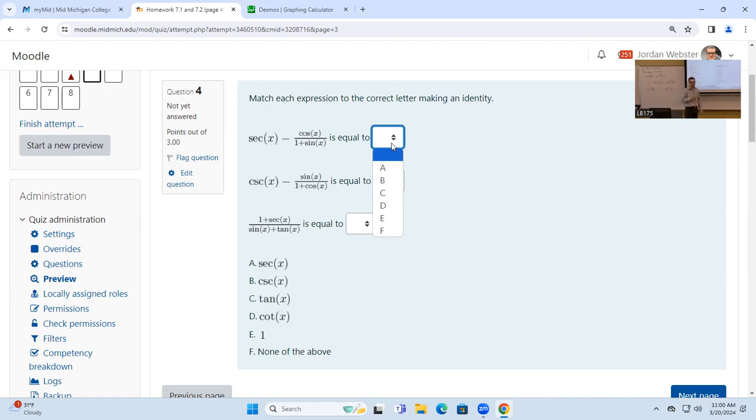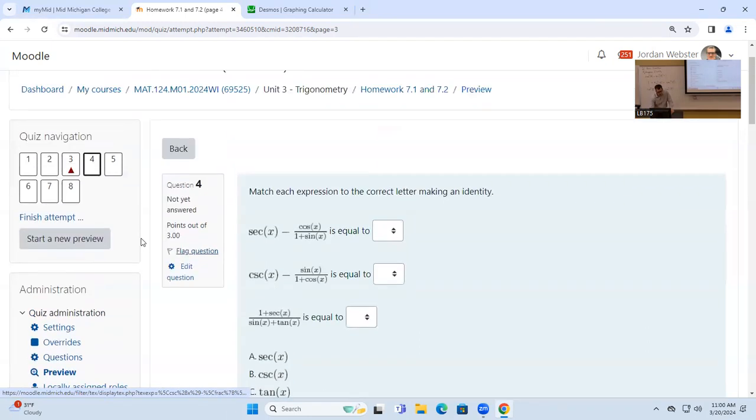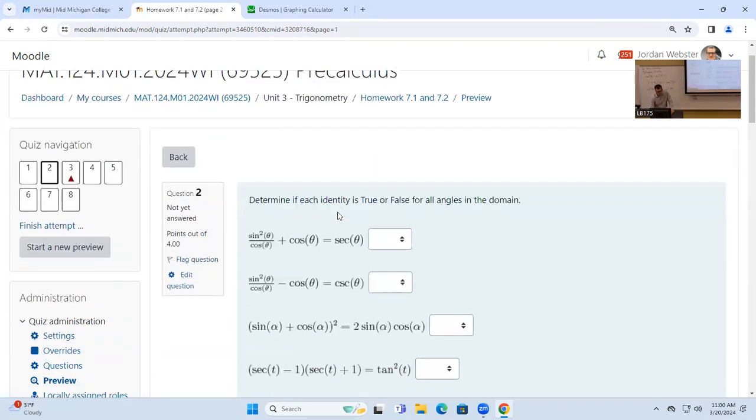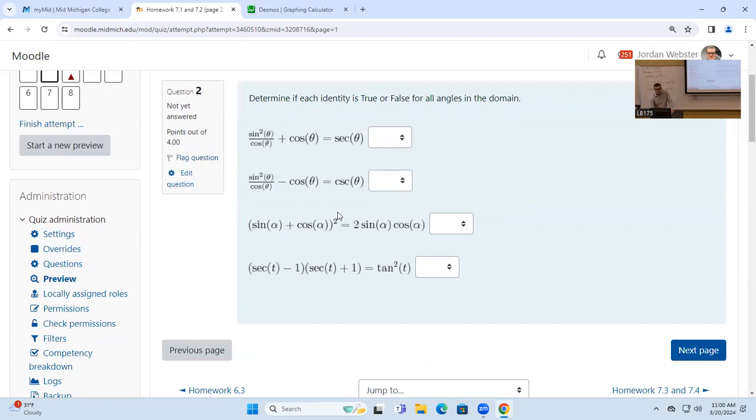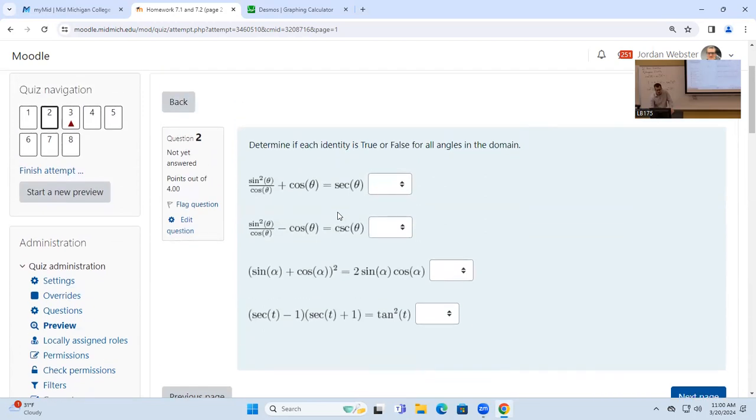So we simplify it in the shortest form we can, and then we pick one out, or if it doesn't exist in that list, we say none of the above. So it's either going to be kind of a multiple choice matching or a true false scenario. Okay.